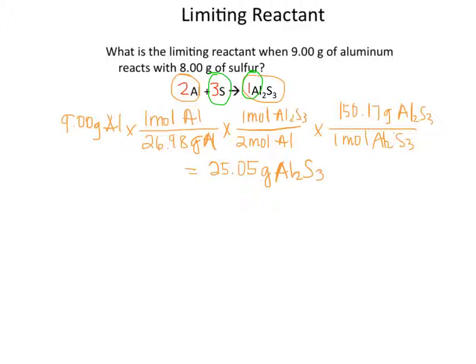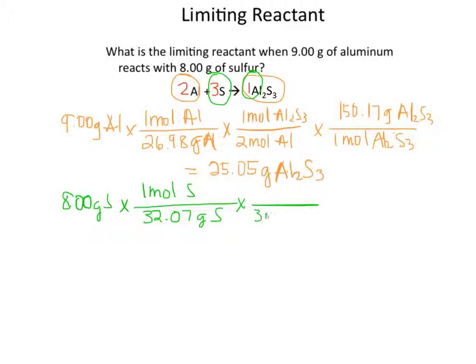Now that we have this calculated, we still can't determine which one is our limiting reactant or how much we're going to produce. We need to calculate for the second reactant. We start with 8.0 grams of sulfur, and we divide that by the molar mass of sulfur, 32.07 grams, with 1 mole of sulfur on the top, and then the mole-to-mole ratio. For every 3 moles of sulfur, you produce 1 mole of aluminum sulfide.